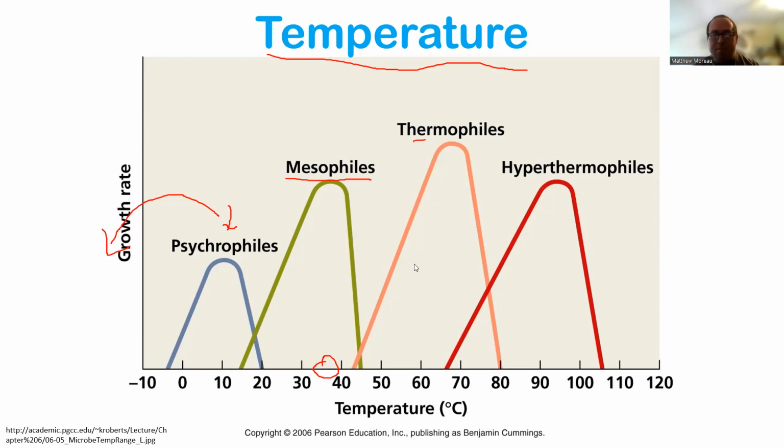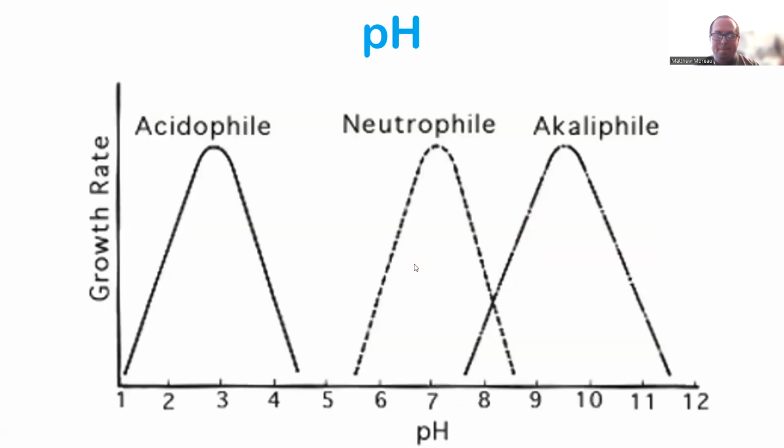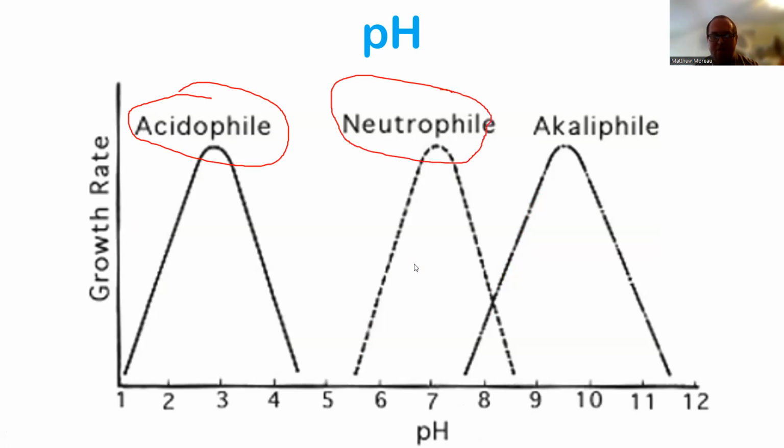Above this, we have then thermophiles and hyperthermophiles, and these start moving towards hot springs and then sulfuric or hydrothermal vents underneath the ocean. We have pH. Those that can grow in acid are known as acidophiles. Those that grow in neutral pH are neutrophiles, and those that grow in basic pH are known as alkalophiles.